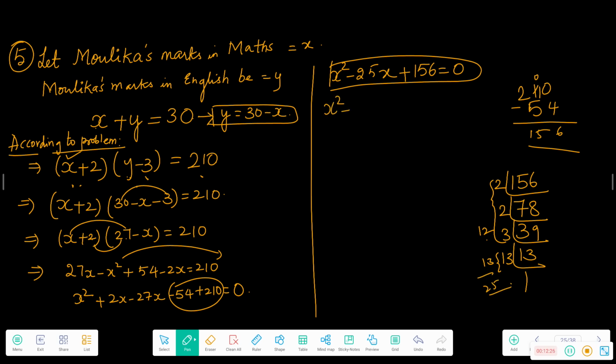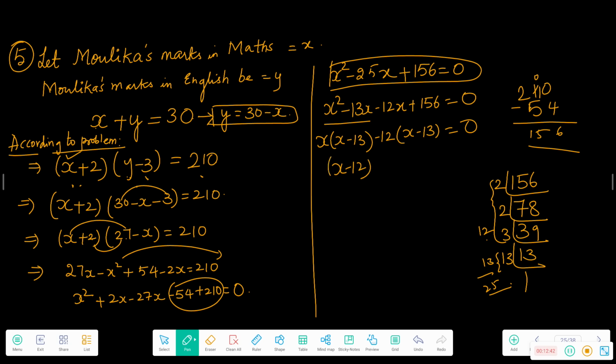So x square minus 13x minus 12x plus 156 is equal to 0. Taking x common, we get x minus 13, and taking minus 12 common, we get x minus 13. So x minus 12 and x minus 13 is equal to 0. The values of x are x is equal to 12 and x is equal to 13.